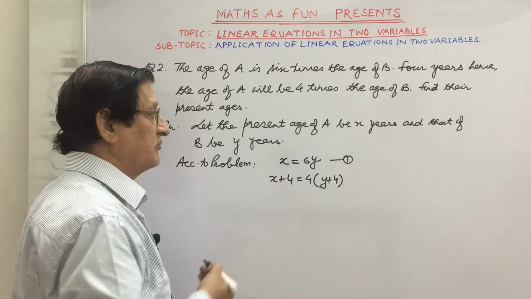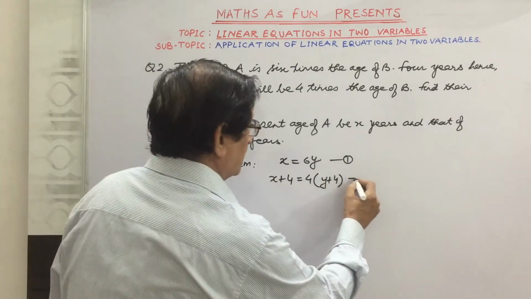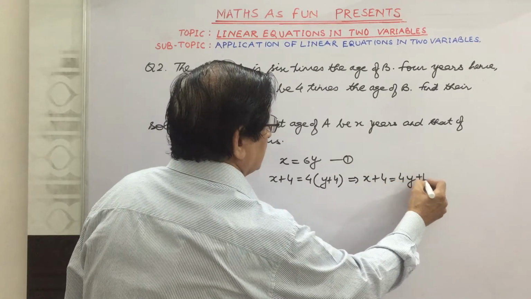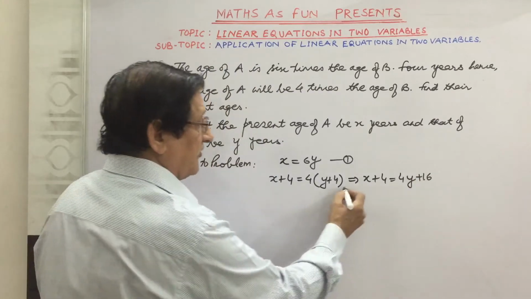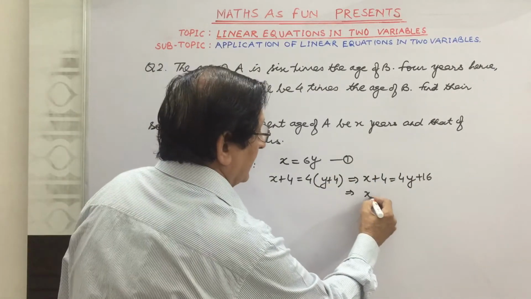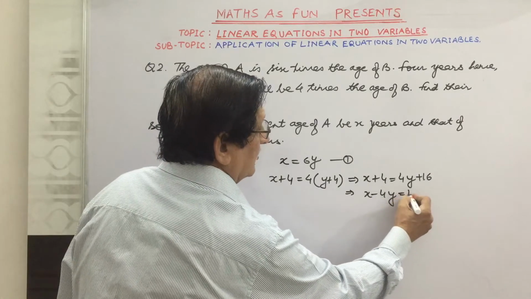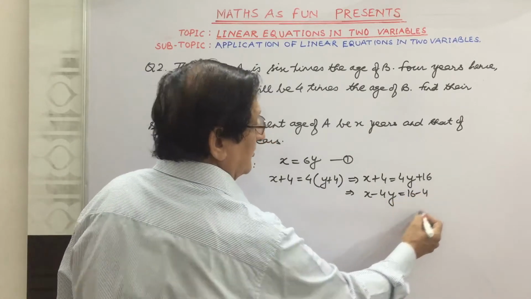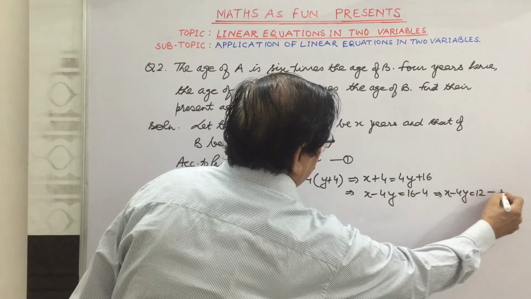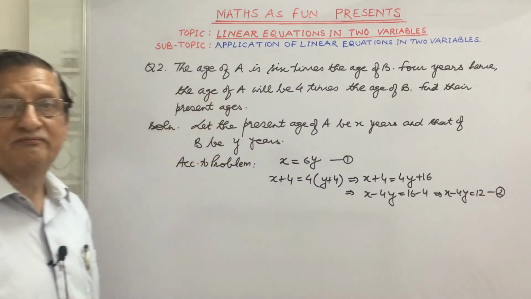This is the way we can make the equation. And this gives you x plus 4 equal to 4y plus 16. If we make use of transposition, we get x minus 4y equal to 16 minus 4, which gives you x minus 4y is equal to 12. This is equation number 2.